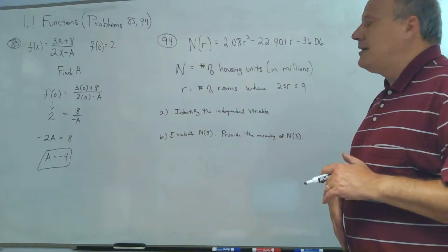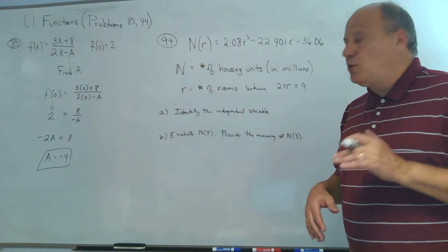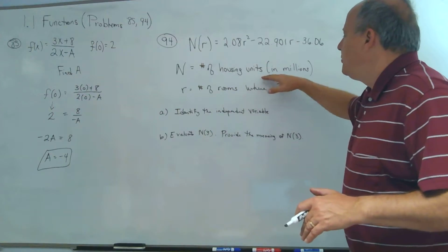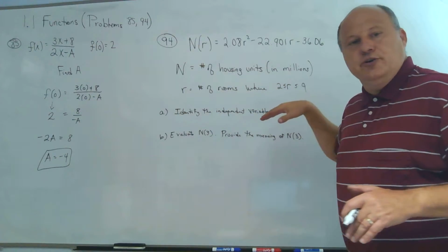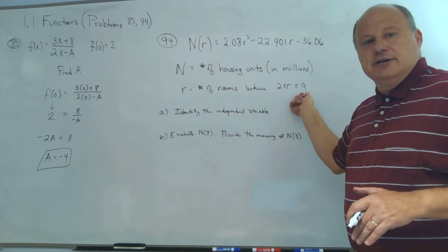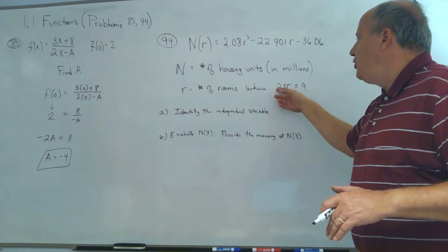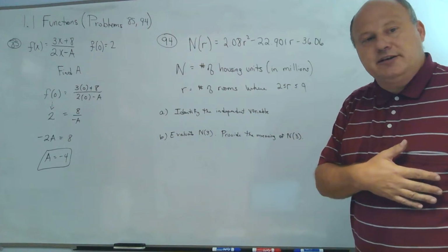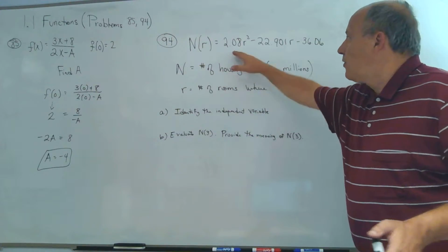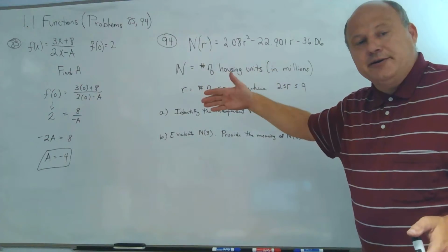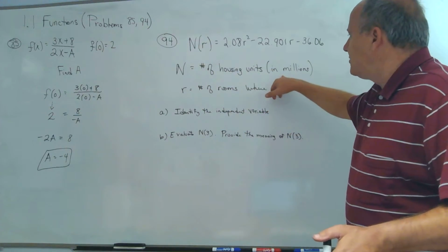But what this problem is about is the number of rooms, and the number of housing units that have a certain number of rooms. The number of rooms will range from 2 to 9. If you want to know how many housing units have 2 rooms in it, you'd plug 2 into this formula and round to the nearest million, because it says housing units in millions.